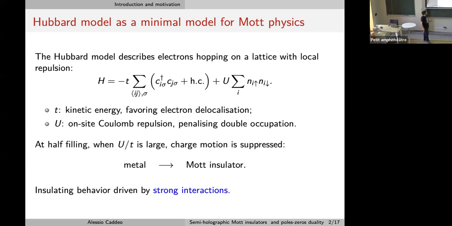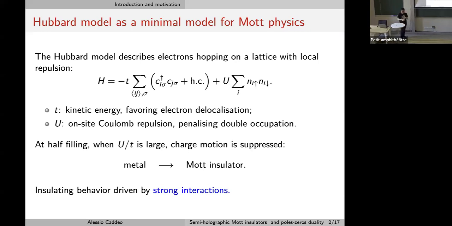And then we have a second term with this parameter U that predicts an energy cost whenever two electrons try to go on the same site, one with spin up and one with spin down.